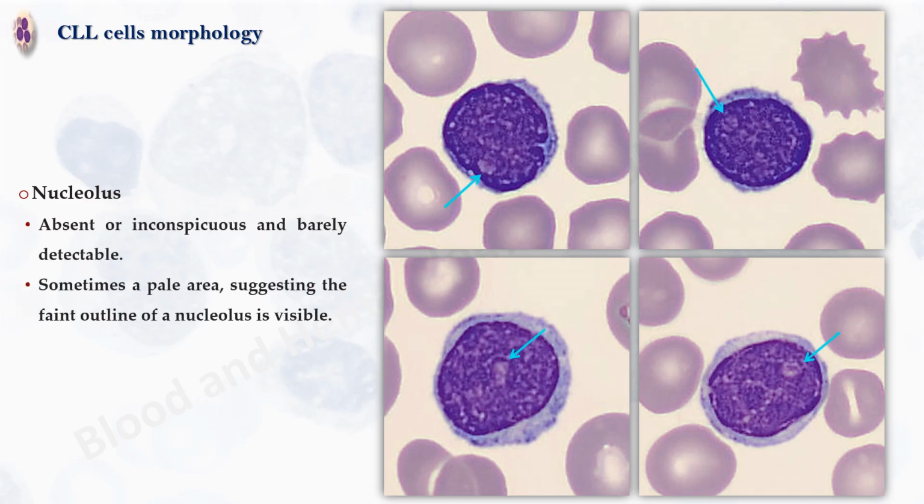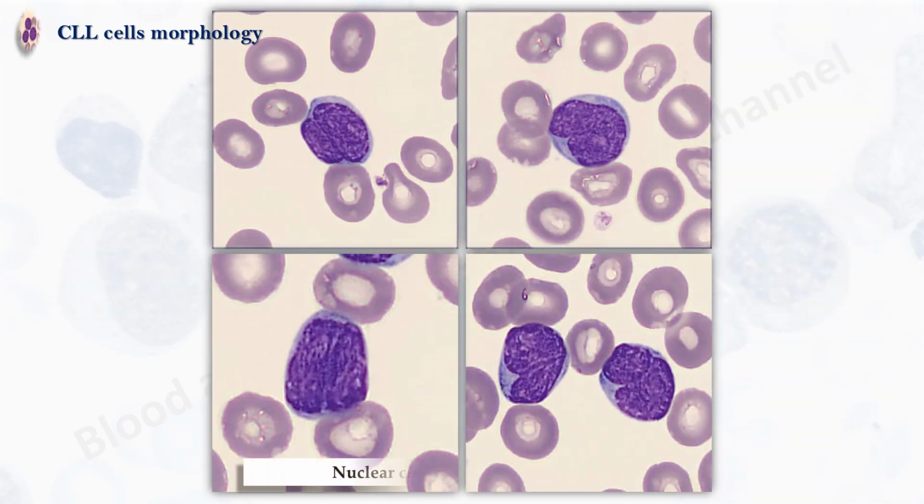Sometimes a pale area, suggesting the faint outline of a nucleolus, is visible. A minority of CLL cells may have nuclear clefts, folds, or indentation.